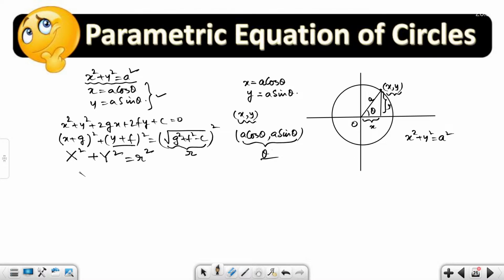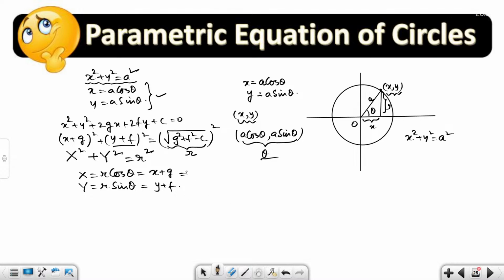So now can we say that x is r cos theta and y is r sin theta? Yes, we can write this, but x is not the variable given in the question, capital X. So capital X can be replaced by x plus g and capital Y by y plus f.